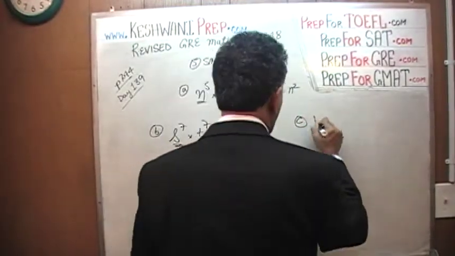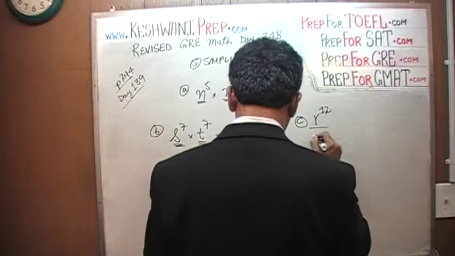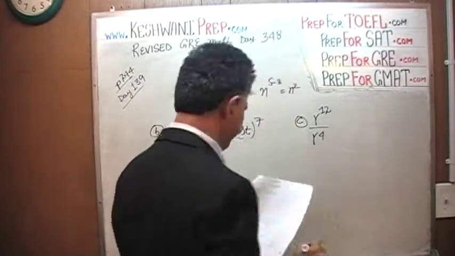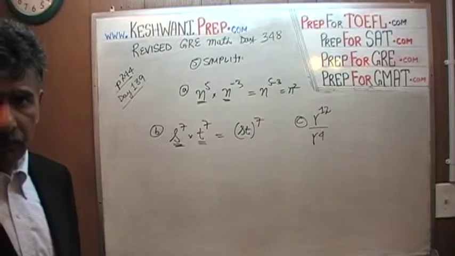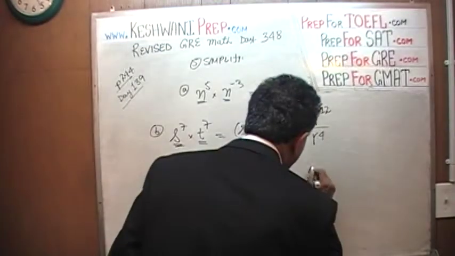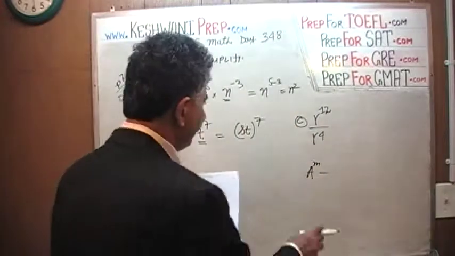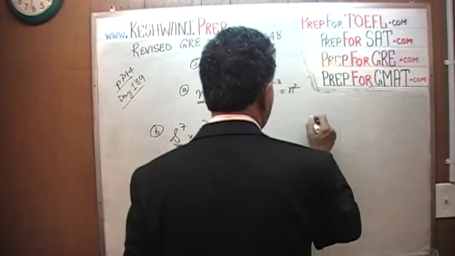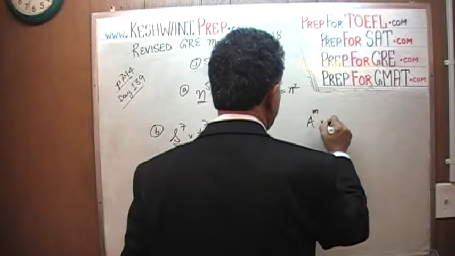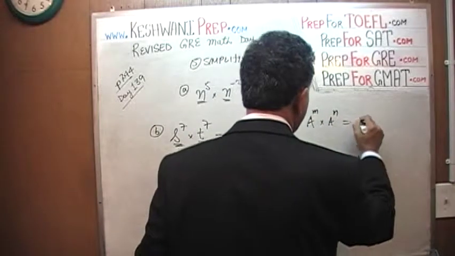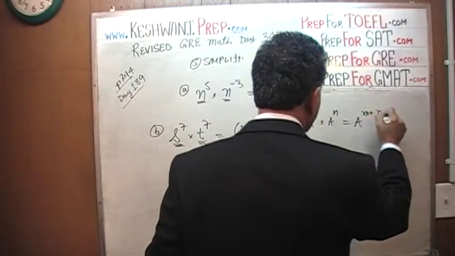Let's do C. C says r raised to 12 over r raised to 4. We know that if we have a raised to m times a raised to n, it is simply a raised to m plus n.